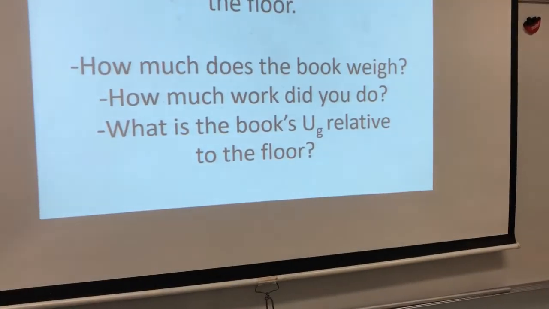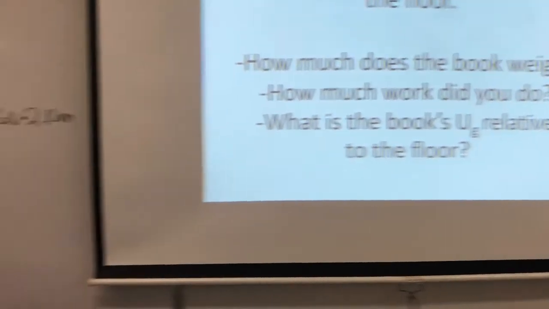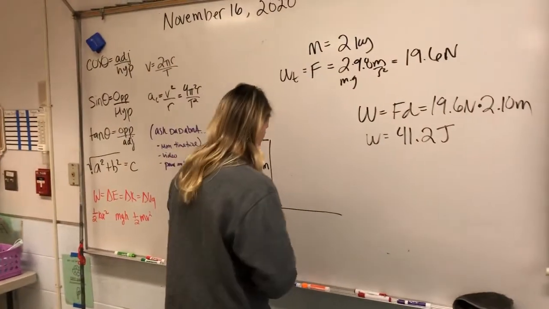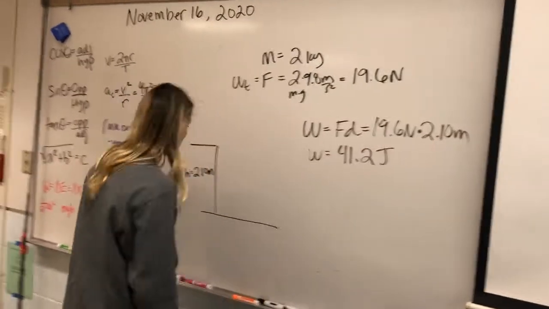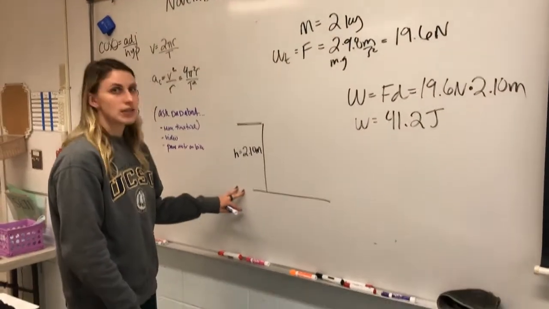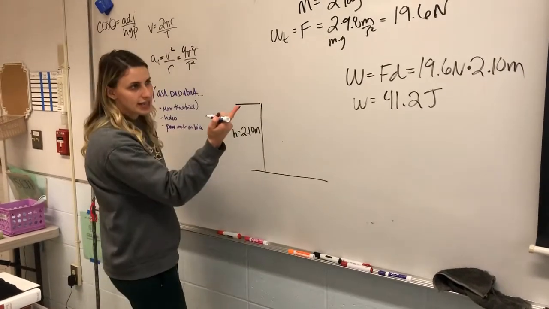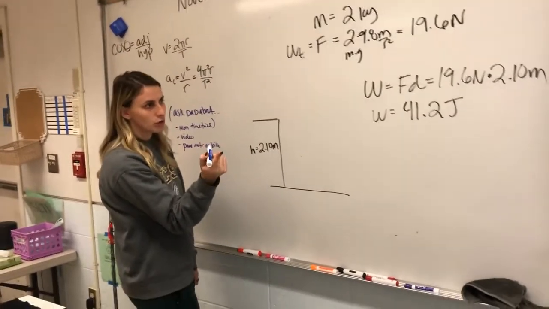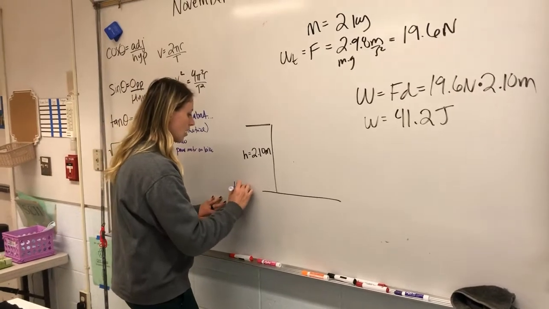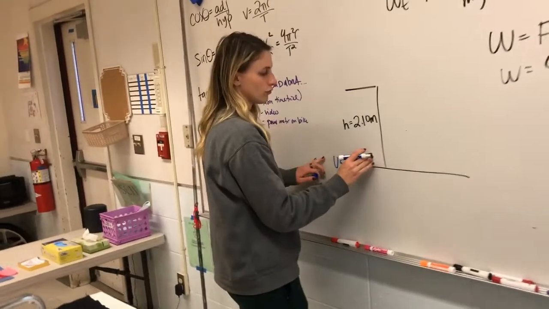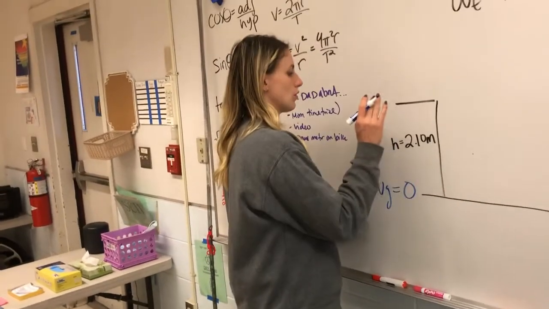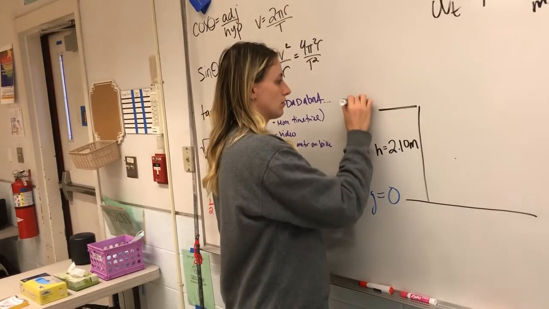What is the gravitational potential energy relative to the floor? This is that reference point stuff we were talking about. I like to make the floor 0. So the gravitational potential energy is 0 at the floor, and you did 41.2 joules of work lifting it up.